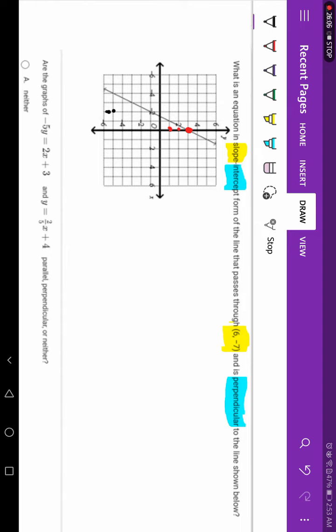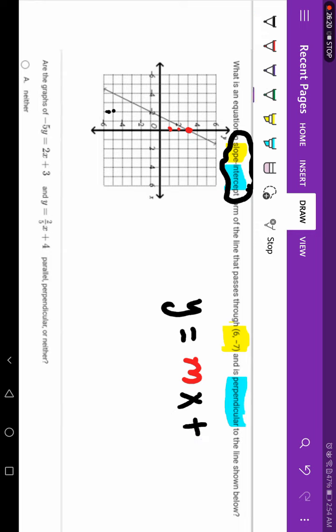And let me remind you of the slope-intercept equation, which is this: y equals mx plus b. The b is the y-intercept, as you know, and I get it from here, which is 3. Good. Now I need the slope.